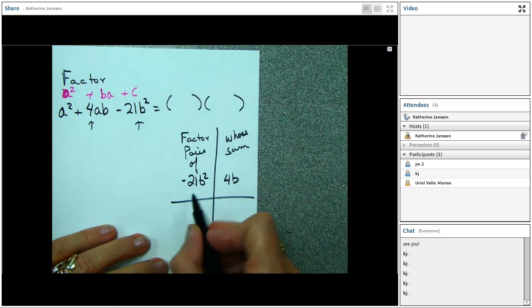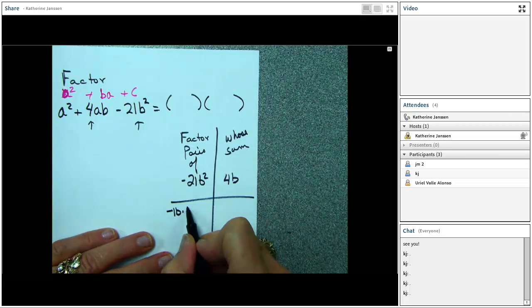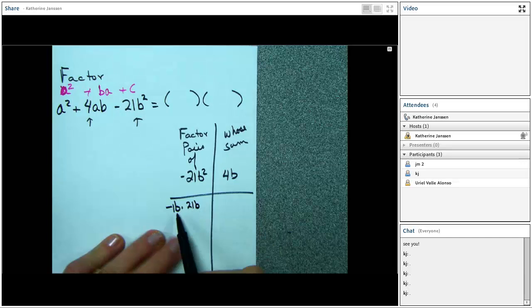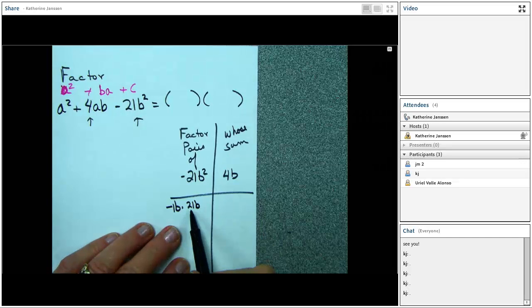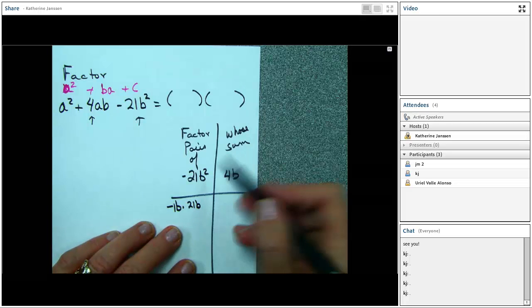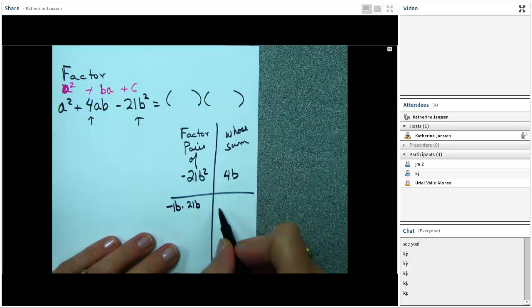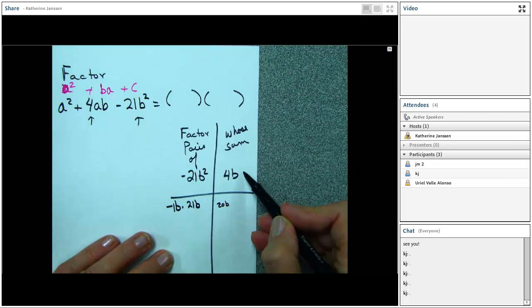Well, we have a negative 1b times 21b. A negative b times 21b would be a negative 21b squared. But if I add those two, I'm going to get a positive 20b, not quite what I'm looking for.